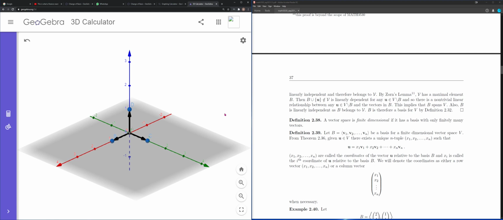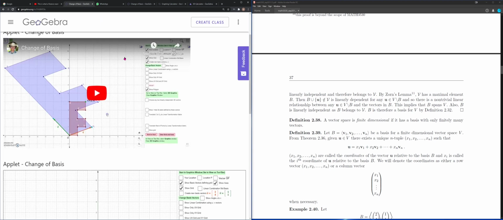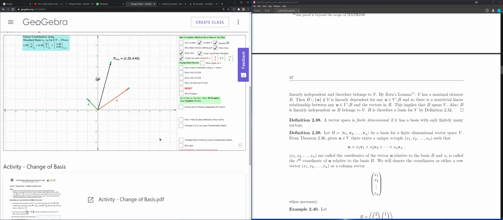Anyway, this definition for coordinates hinges on the fact that the vector space we're looking at is finite dimensional. So I have a finite dimensional vector space such as R2 over here, and I have some basis, like this u and v.